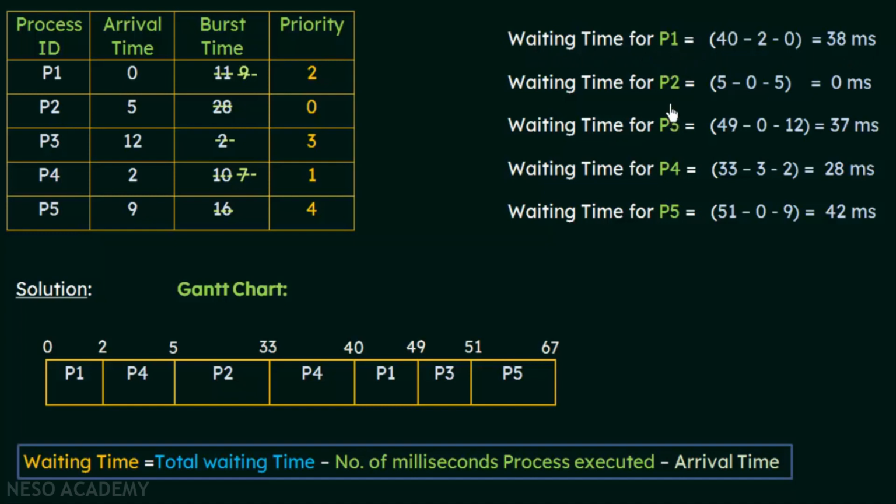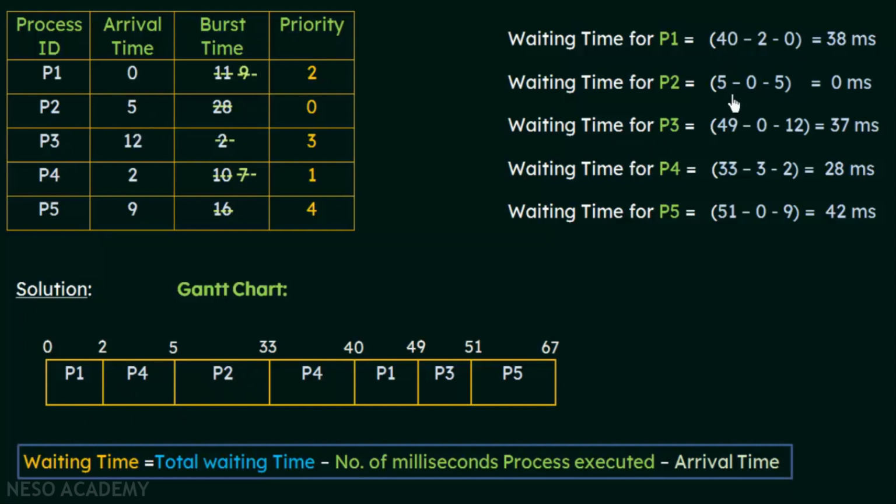Similarly for P2, the waiting time is the total waiting time of P2. So where is P2? The last occurrence of P2 is here. P2 actually occurred only one time. So P2's total waiting time was 5 milliseconds minus the number of milliseconds it executed before. We see that P2 did not execute before, so it is 0. And then the arrival time of P2. What is the arrival time of P2?